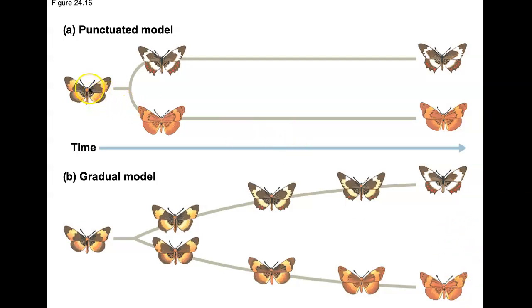However, what really happens is that the one parent species remains unchanged for a really long period of time, and due to some sort of selection process, whether it's natural selection, genetic drift, or sexual selection, there's a very quick change from this one species to two different species. Quick as in not one minute quick, but a relatively quick period of time. And then all of a sudden you go from one species to two, and they remain their own species for a really long time before another speciation event could happen.